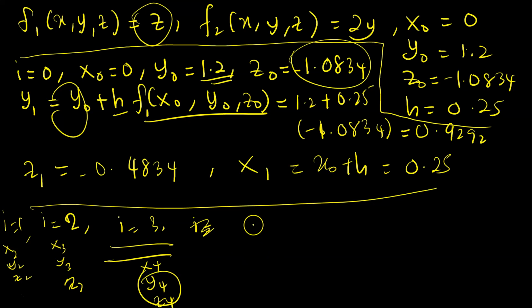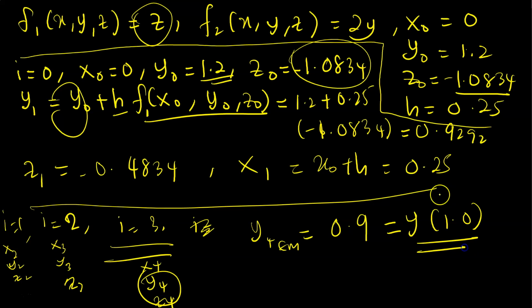We need to compare this y4 from Euler method, which is here, when you use your extrapolation value of z0, you will get your y for 0.9, and this is equal to y(1.0) from the equation, that is also 0.9.